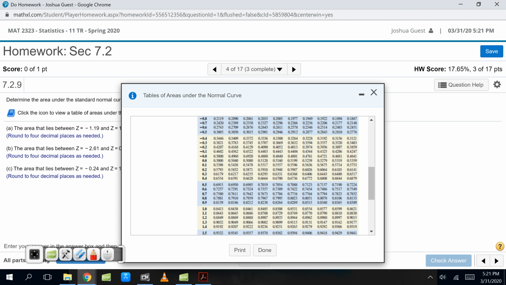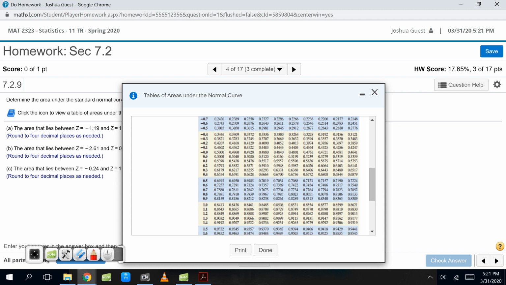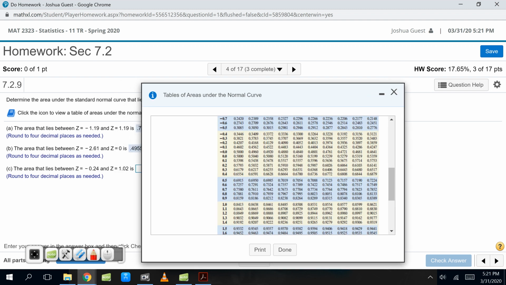Negative 0.2 and 1.02. Oh, yeah, we can get that on the same one. Negative 0.24, negative 0.2, 0, 1, 2, 3, 4, right? And then 1.02, 1.0012, okay? So 0.8461 and 0.4052.